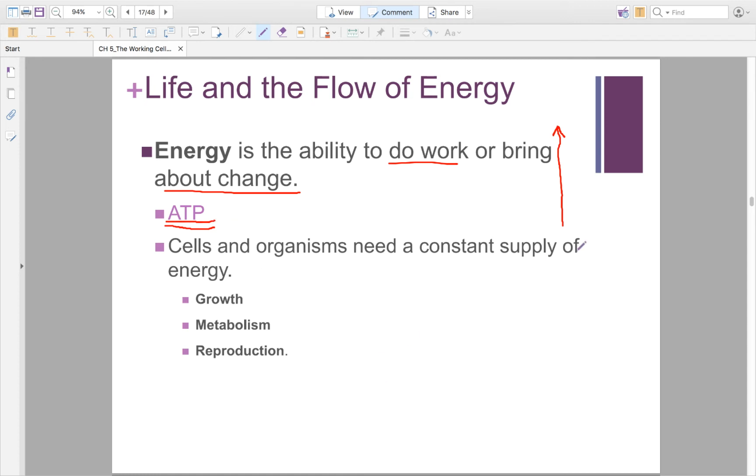You might remember this from chapter 1, but all of our energy comes from the sun. Basically we end up getting it through our diet, and other organisms do as well, and we need it for growth, metabolism, and reproduction, cellular reproduction, and other reproduction.